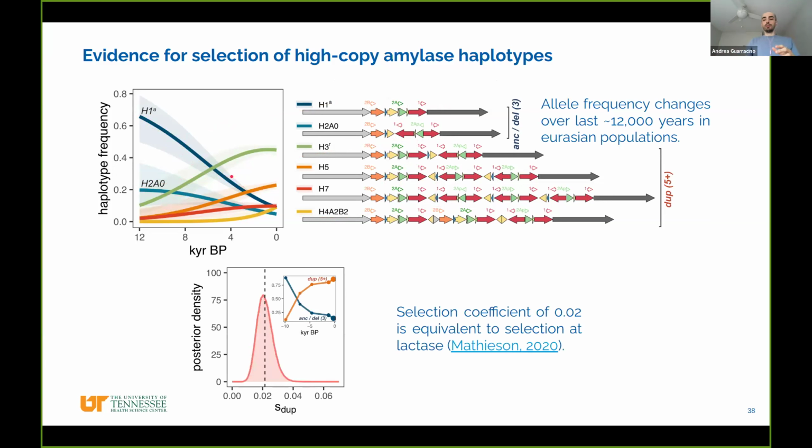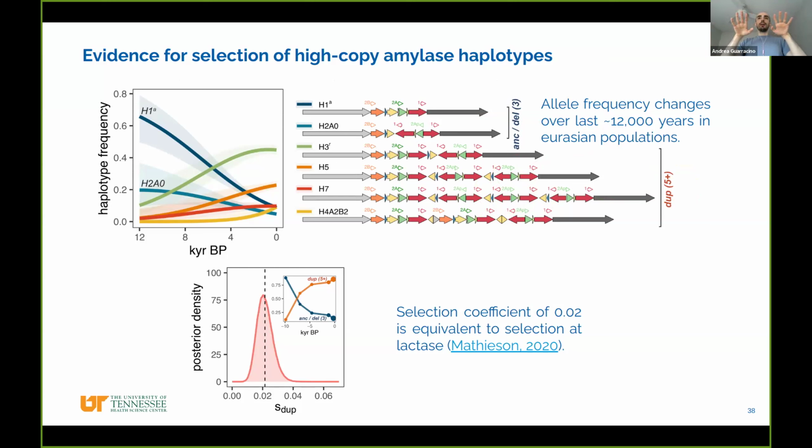If you make the first two haplotypes the first group, for me, this is the ancestral allele. The other four haplotypes are the duplicated allele. So you are making two groups: ancestral allele and duplicated allele.